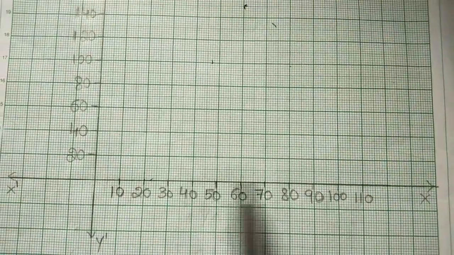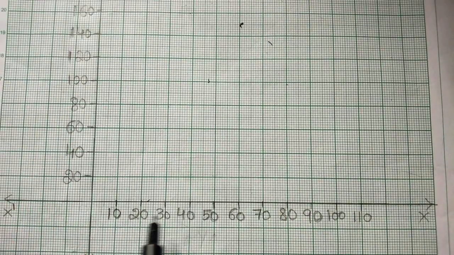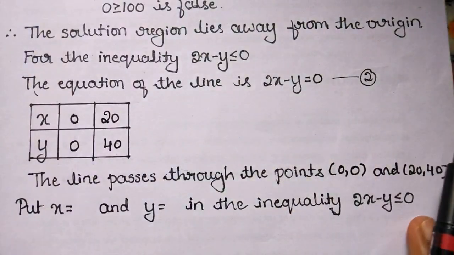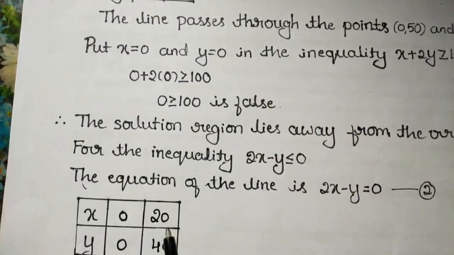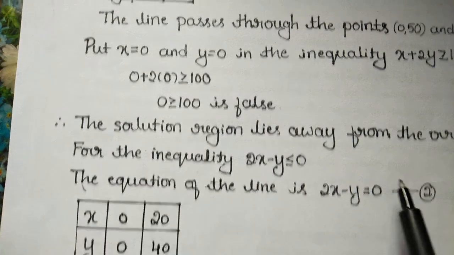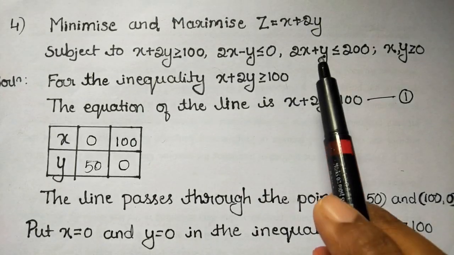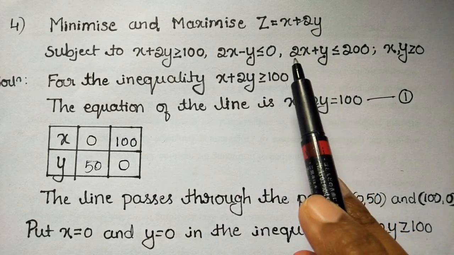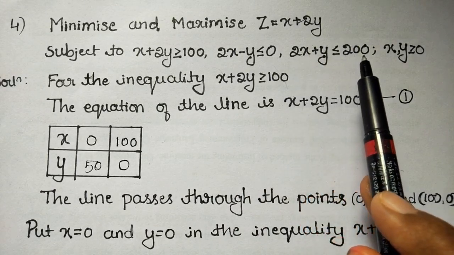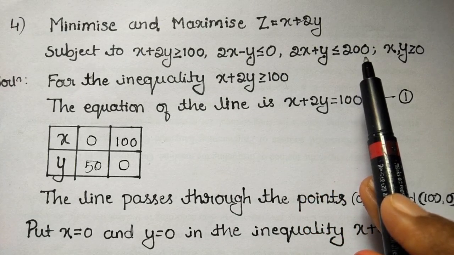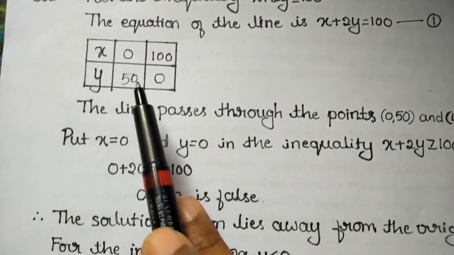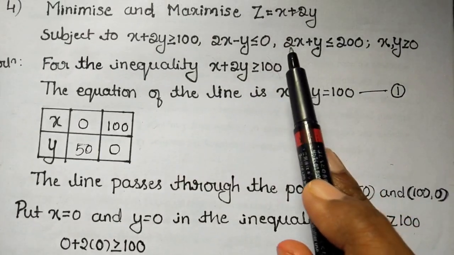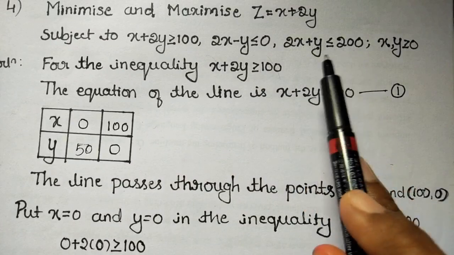I have drawn the x and y axes. Now to mark these points, observe that in equation 1, x takes the value 100 and in equation 2 it takes the value 20. For the third inequality, if y is 0 then x will take the value 100. So it is enough to mark the points up to 100 on the x-axis. Similarly, y takes the values 50 and 0. In the third inequality, when x is 0, y will be 200.